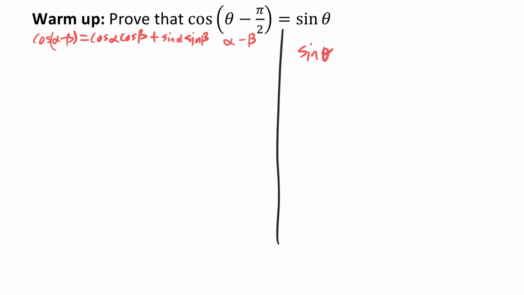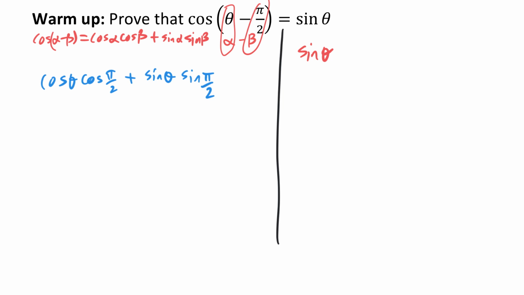So if we notice that alpha is theta and beta is pi over 2, we can go ahead and use that identity. So we'll get cos theta cos pi over 2 plus sine theta sine pi over 2. Now you might say, well, that's way more complicated than what we started with.